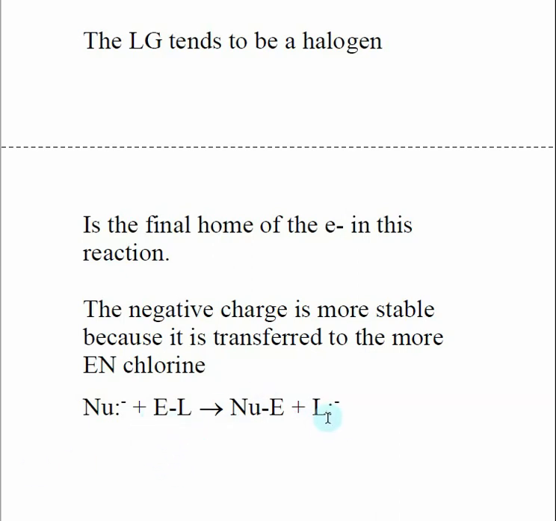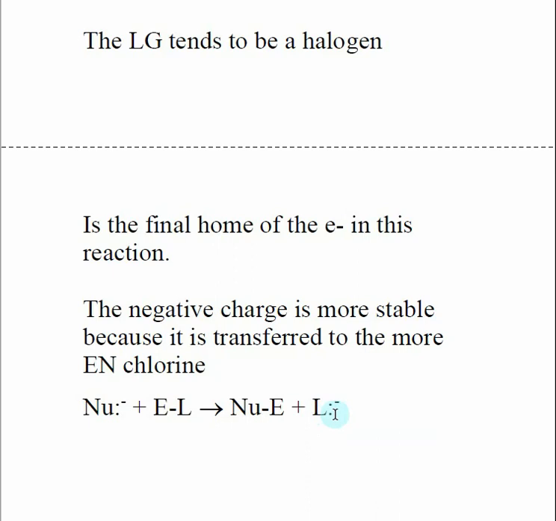And in the leaving group, this lone pair electrons and negative charge is more stable. So that was one of the things that we learned, is in terms of stability, halogens tend to be able to stabilize negative charges. And so that's overall why this reaction occurs, is we're going from the negative charge going from a less stable to a more stable state. It's kind of like going downhill, and that's why this reaction occurs.